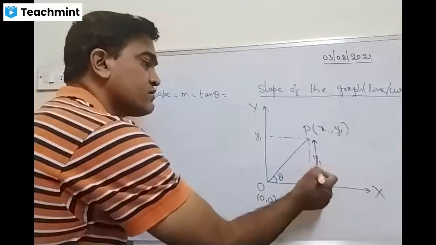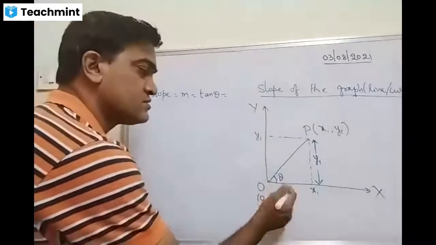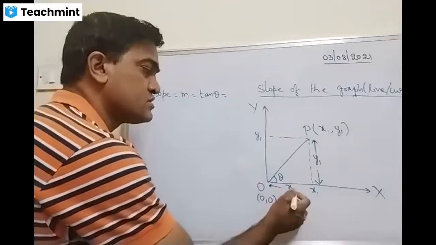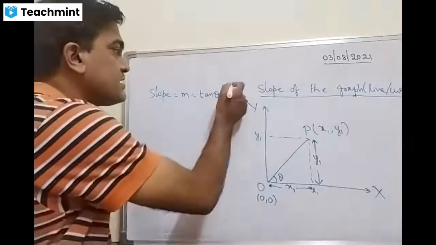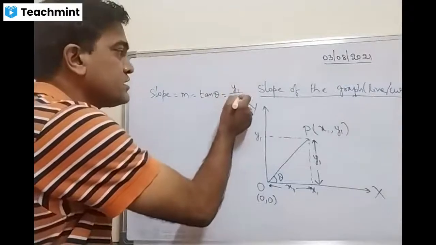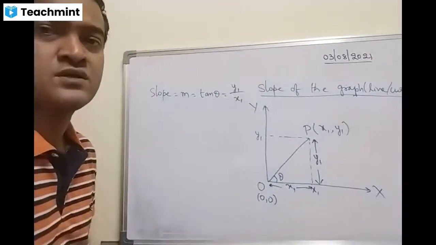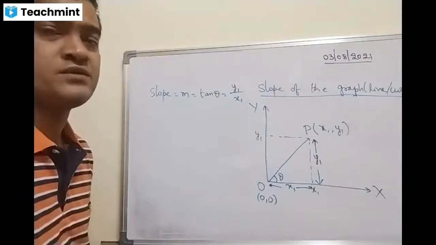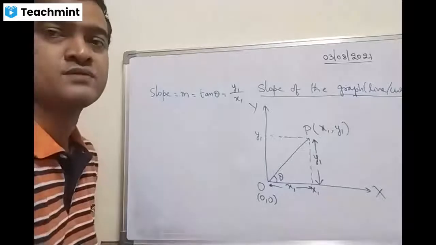This length is nothing but y1, right? And what is this length? This length is nothing but x1. Now can I write tan theta as y1 by x1? This is one form of writing using the trigonometric function: tan theta is equal to y1 by x1.